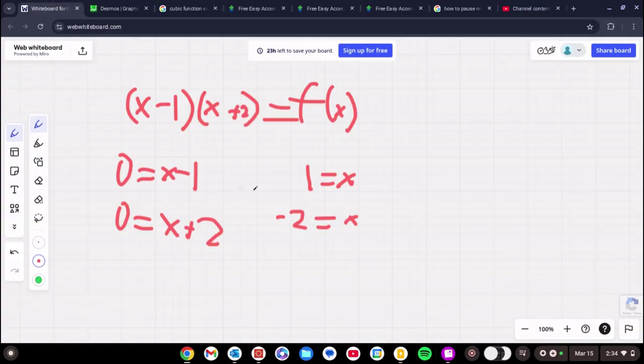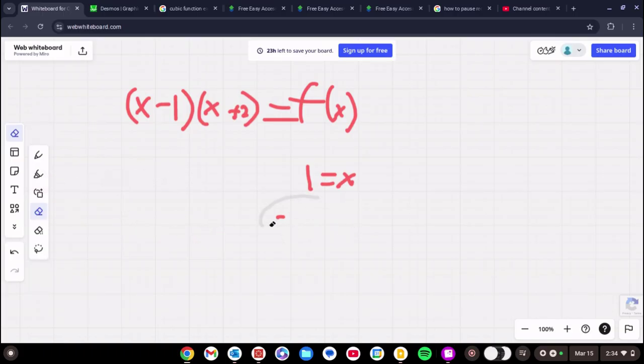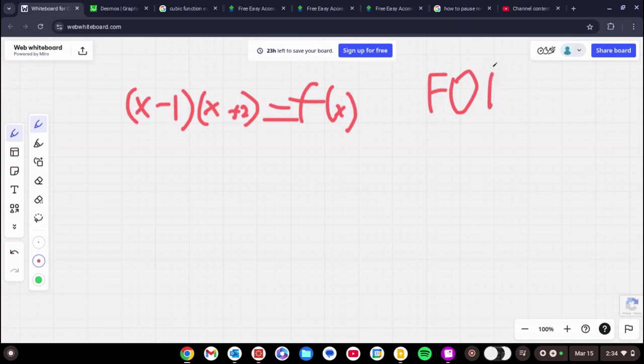So if we were to expand this into an entire equation, if we were to write this in a different way, you can distribute all of the terms across using FOIL. FOIL stands for first, outside, inside, last. First means the x's, so you multiply x times x, you get x squared.